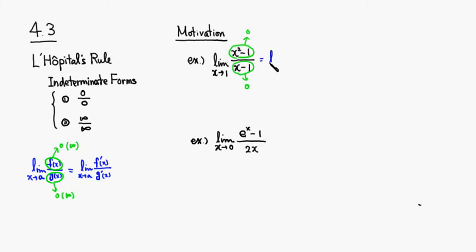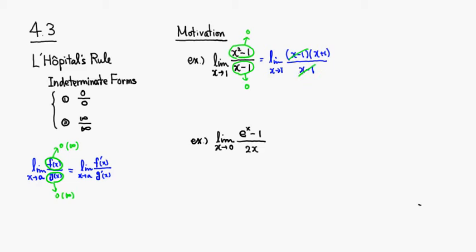So we have the limit, and we can factor x squared minus 1 as x minus 1 times the quantity x plus 1, over the same denominator, x minus 1, as x approaches 1. Then we can cancel the factor x minus 1 on top and bottom.